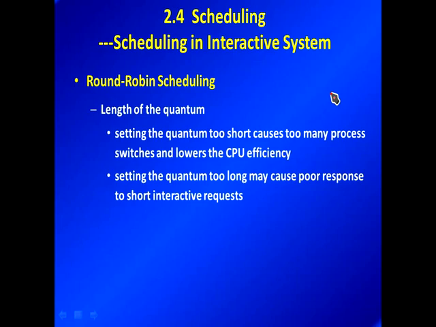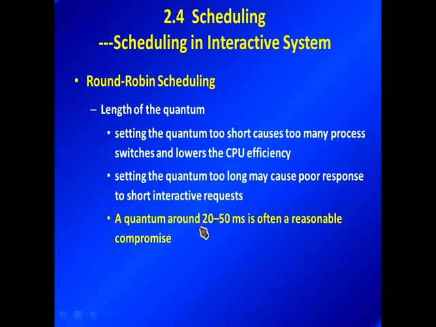So what's the suitable length for a quantum? Based on experiments and lots of user experience investigations, we can set a quantum around 20 to 50 milliseconds. So you can understand there is a suitable length of a quantum.